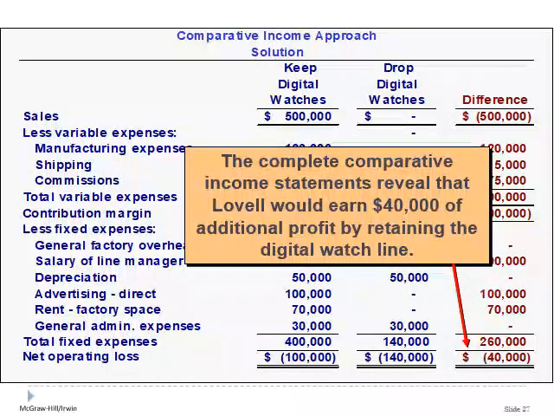To finalize this solution and make the decision, we can compare the two alternatives, to keep the digital watch or to drop the digital watch line. If we are comparing the two income statements, we can use the same solution.